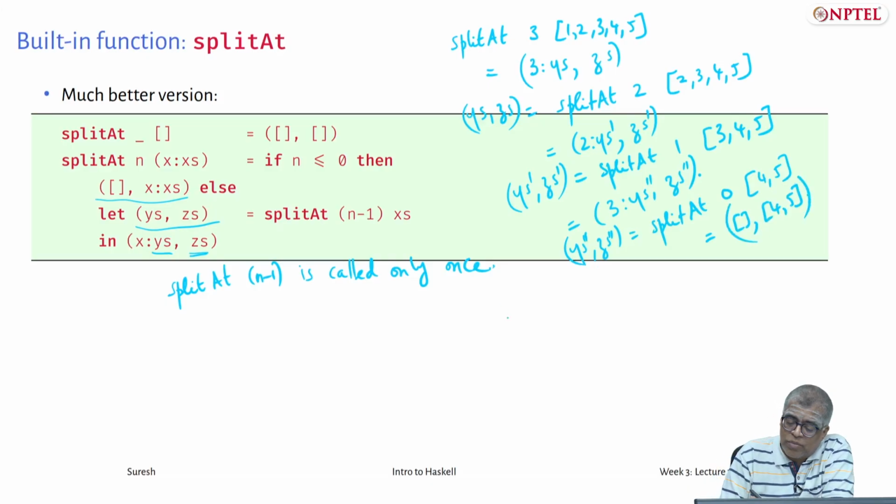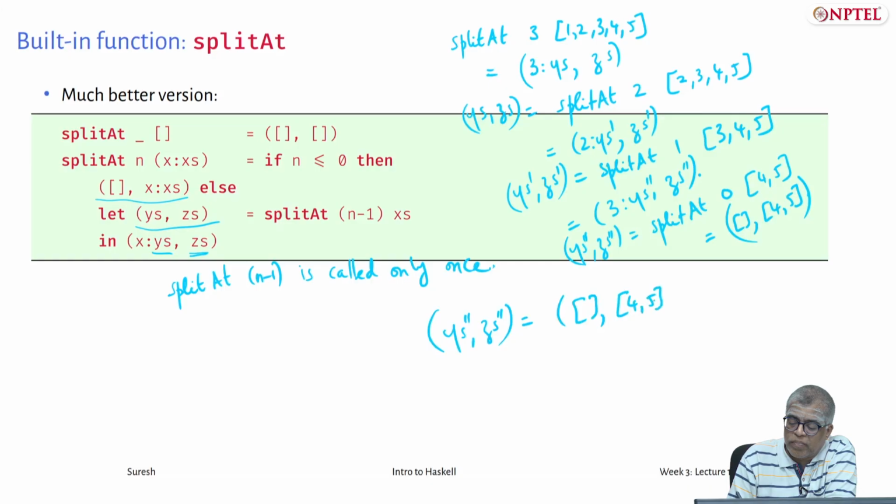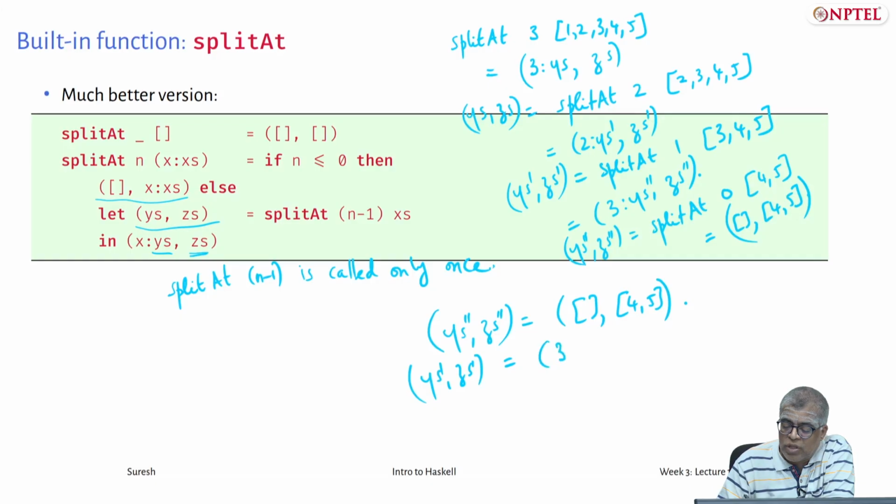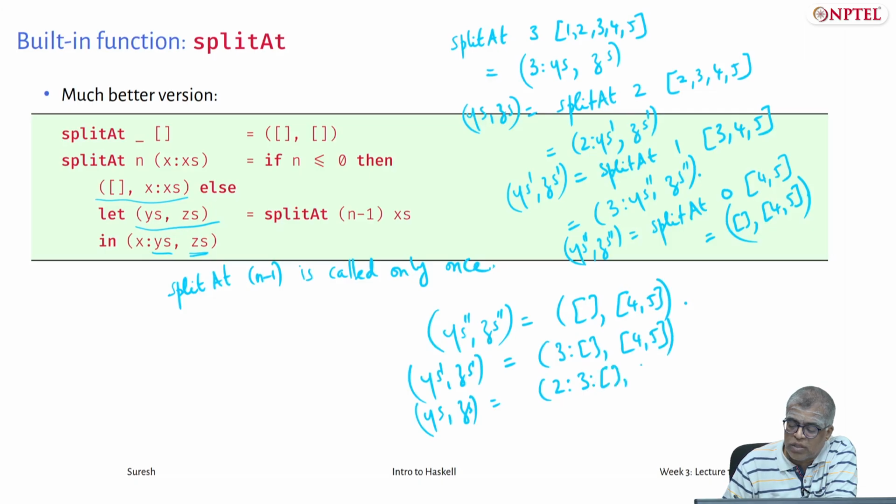So ys', zs' equals 3 followed by empty list, and then 4, 5. ys, zs is 2 followed by 3 followed by empty list, comma 4, 5.